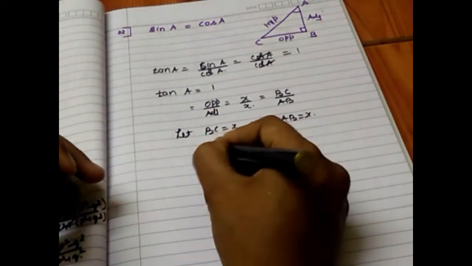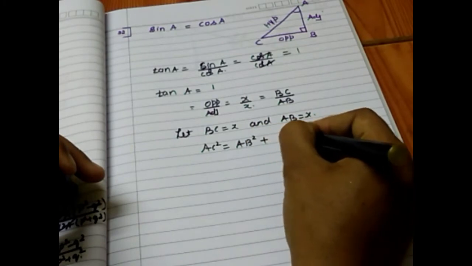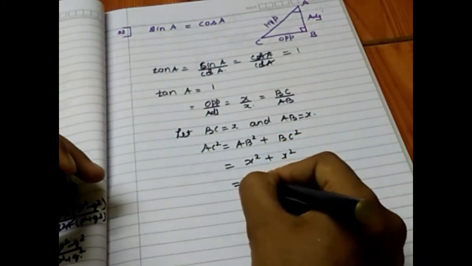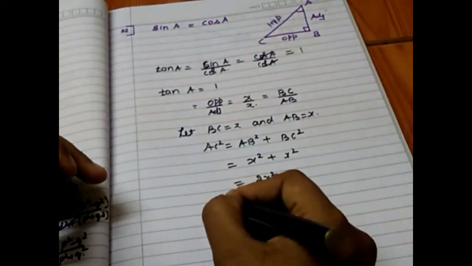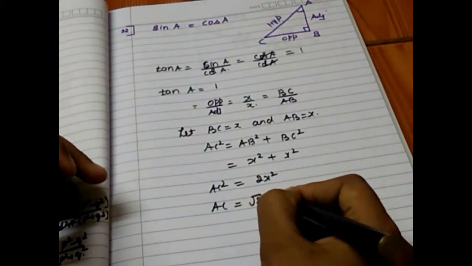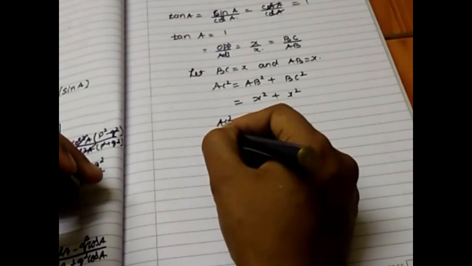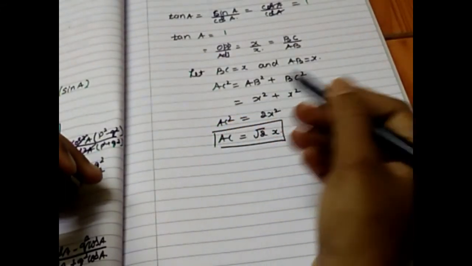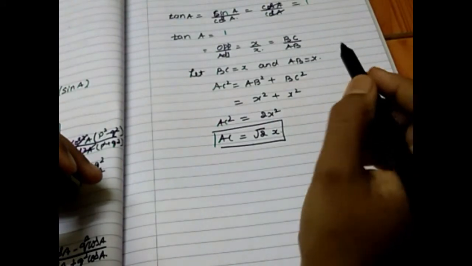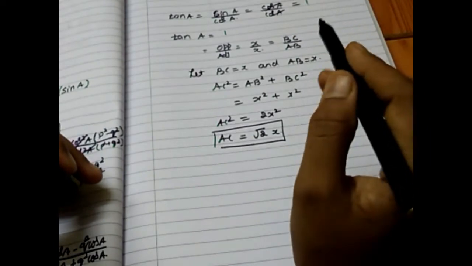That is, AC square is equal to AB square plus BC square, X square plus X square, value is 2X square. So hence AC is equal to root 2 into X. We calculated the measure of AC. Now we know all the three sides. Opposite side BC is X, AB is X and AC is root 2X.